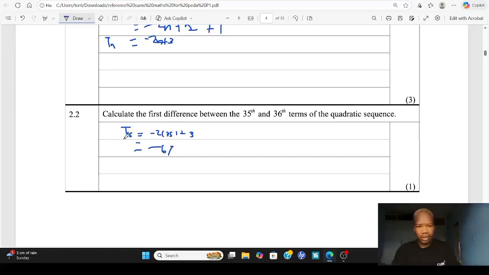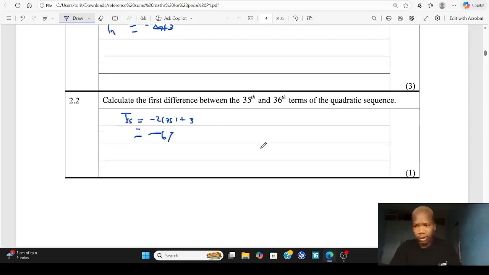So that is our value for the difference of the quadratic sequence.